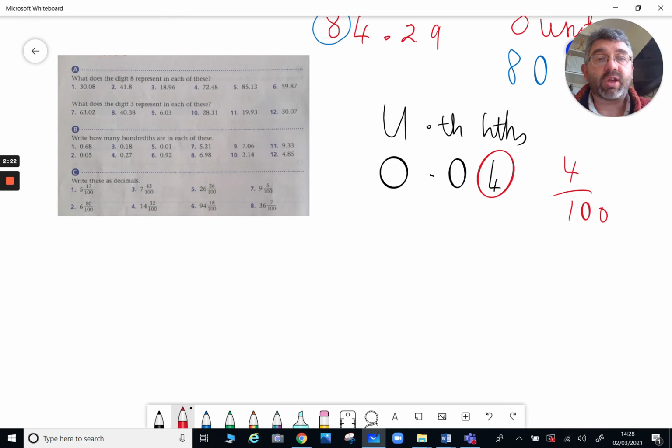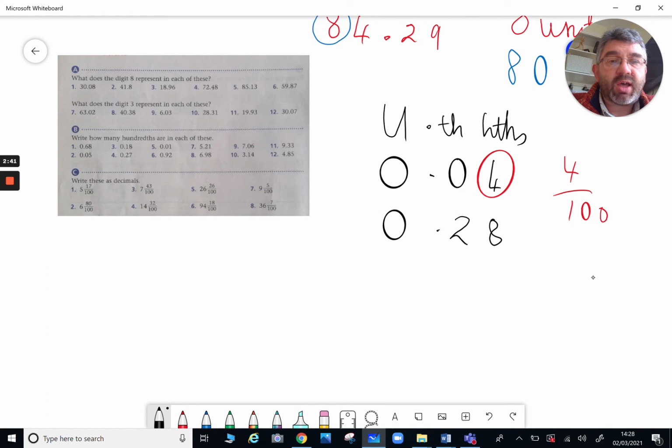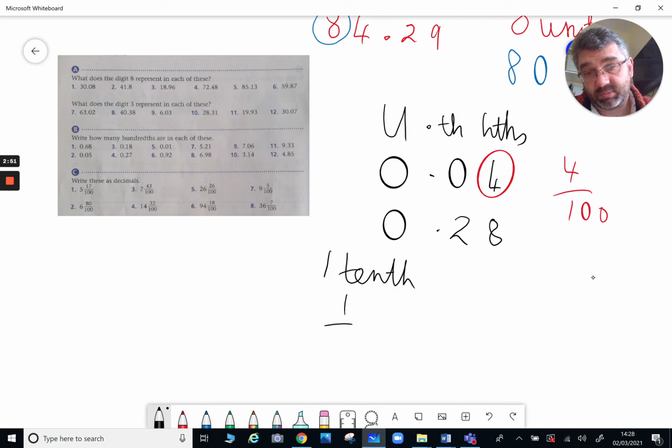It gets more interesting when you've got 2 digits in your number that are not 0. Some of you might get confused and say, how many hundredths have you got? 8. That's not quite right, because you've got 2 tenths here as well, and every 1 tenth is worth 10 hundredths. So 1 tenth is equal to 10 hundredths.